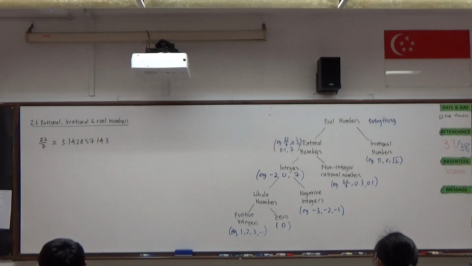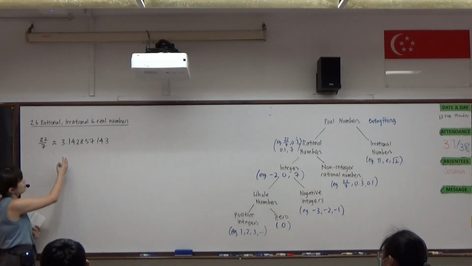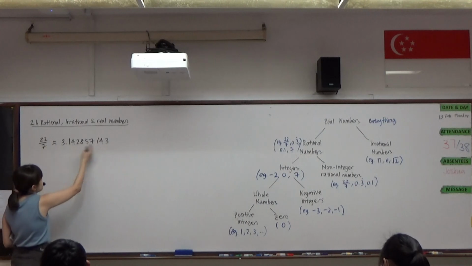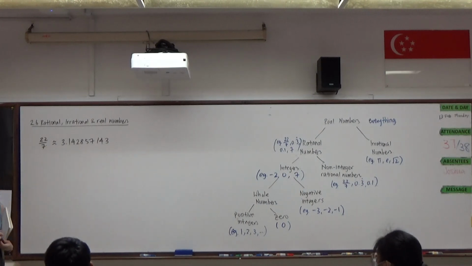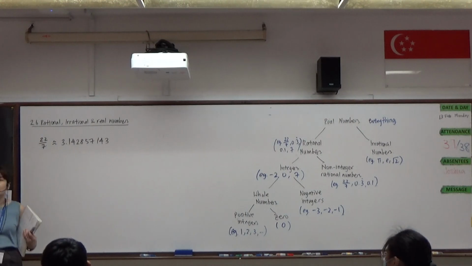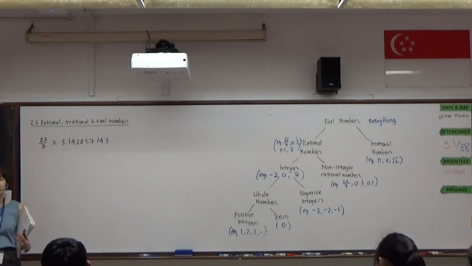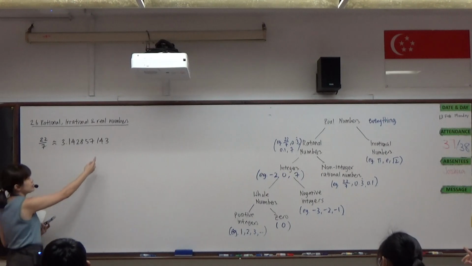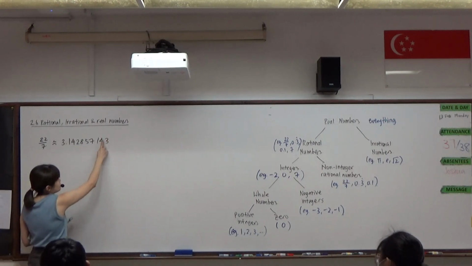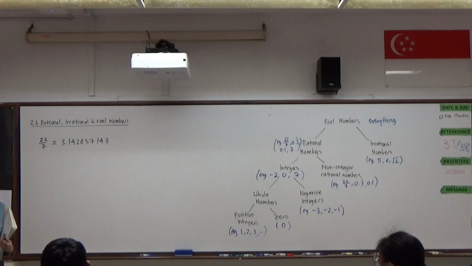I think most calculators will be able to produce a decimal up to this. Correct? So the problem is, does it mean that this value is exactly equal to this? The answer is no. Your calculator can only produce a certain number of digits at its maximum. What the calculator does is that it will usually round up, but of course different calculators have different programming. Some will round up, some don't.